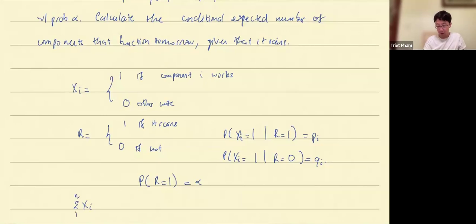That's the number of working components, conditioned on it raining tomorrow. So that's what is being asked. Okay. Now, what is this?